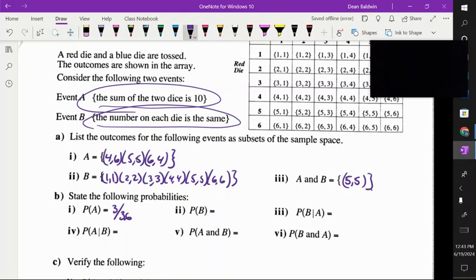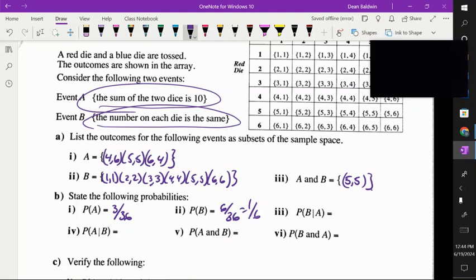What's the probability of B happening? So 6 out of 36, which if you reduce it is 1 out of 6. What is the probability of B happening, so the number on each die is the same, given that A happened, the sum of the two dice is 10?